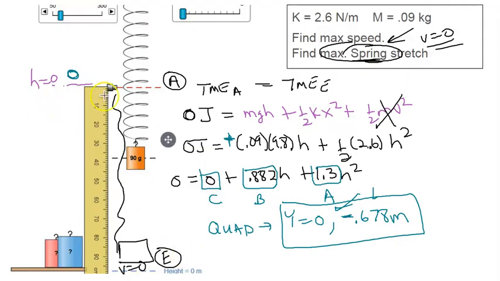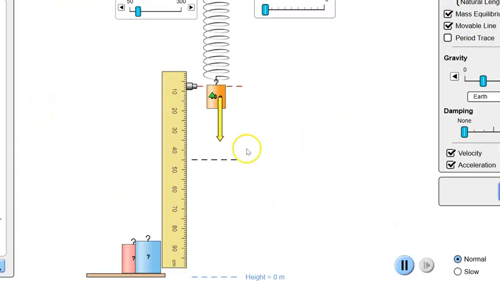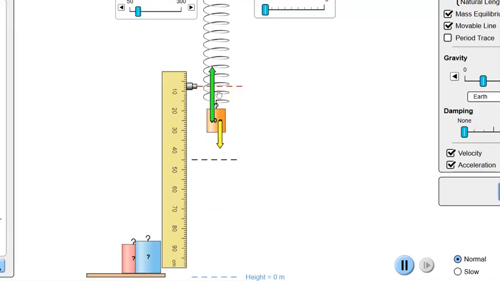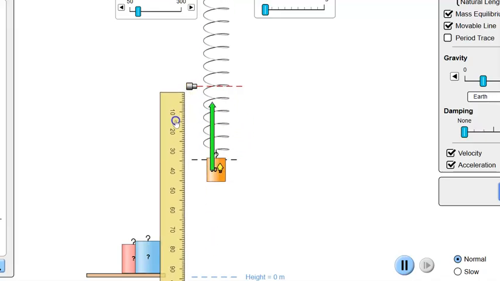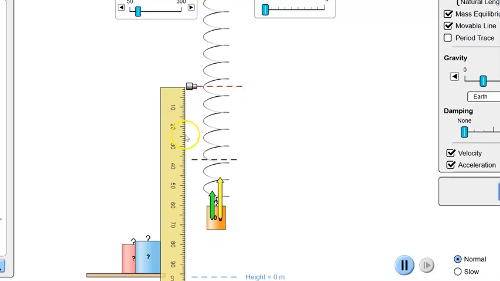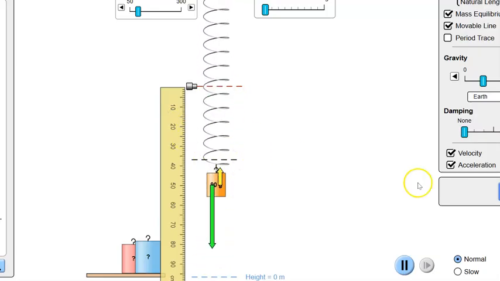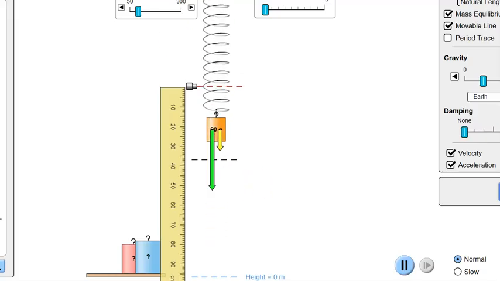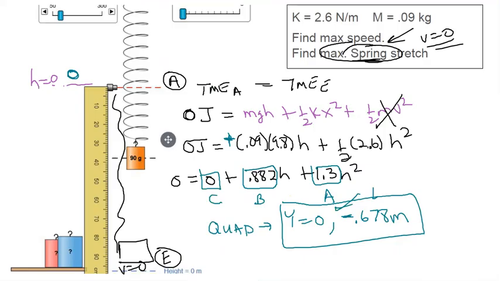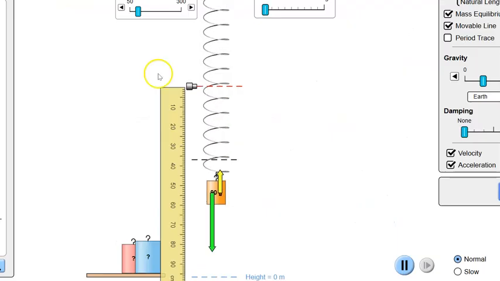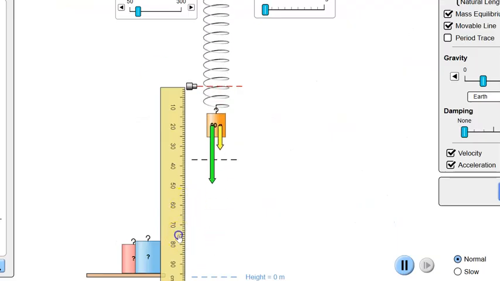It was 0, because if we go back to the animation, oh, look, it's still going, right? That's a turnaround point, at h equals 0. And what's confusing is where the mass is and where the spring is are not the same spot. But h equals 0, h equals, let's see if the numbers make sense. About 0.7, right?